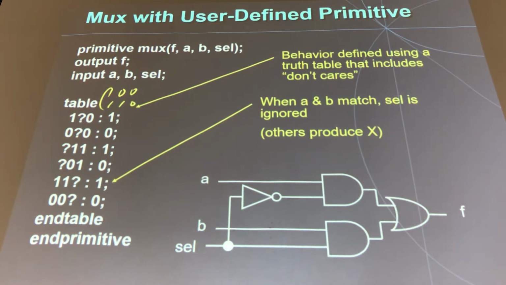If you look at the value here, this 0 is cell. When cell is 0, A will give F, right?